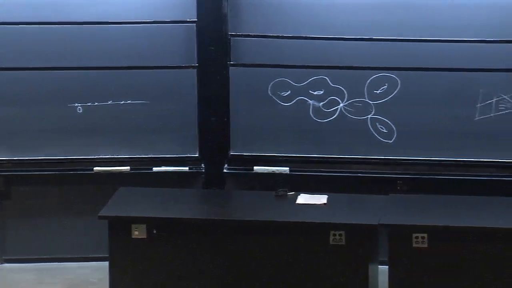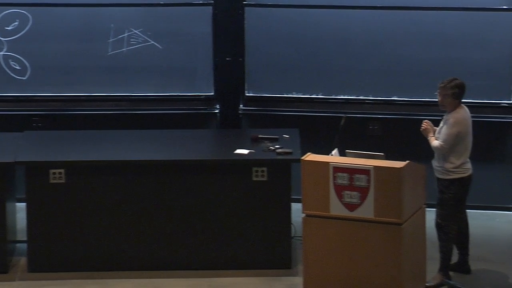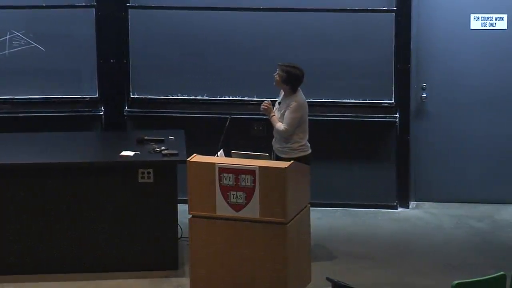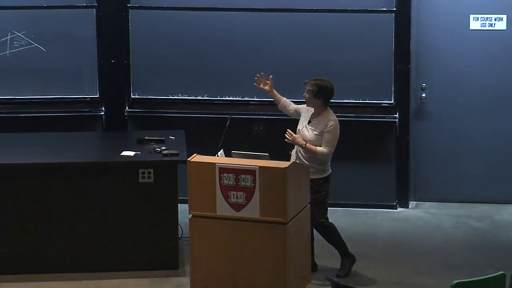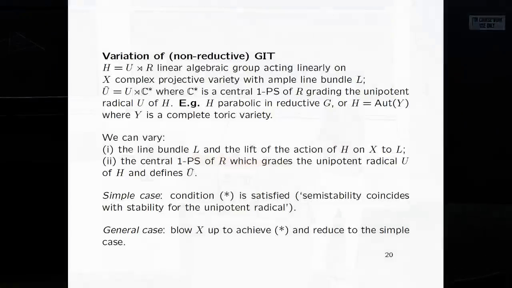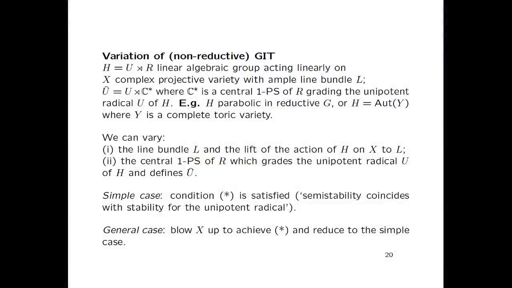So yes, in the non-reductive setting, we can vary the linearization, but we have to have this constraint on twisting by a character of the central one-parameter subgroup which grades. But also, of course, we can vary the central one-parameter subgroup. So we have to think about the possibility of these two different things varying.